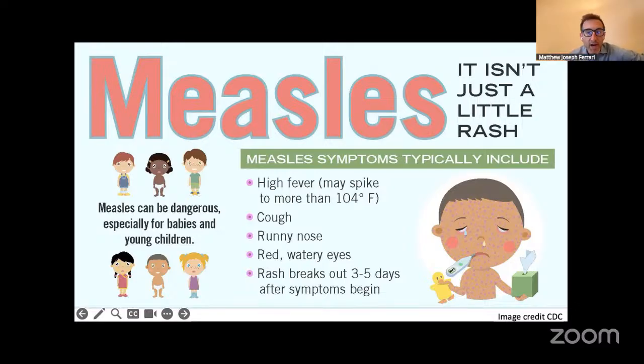Right? So this is an enormously transmissible virus. It can lead to quite severe outcomes in young children, secondary infections, disruption of immune response that allows opportunistic infections. And in under-resourced areas where those infections can't be well managed, it can result in mortality of 1 to 5% of children who become infected. And so, despite enormous efforts to vaccinate children around the world, and in fact, enormous success in reducing the number of childhood deaths annually, measles still results in 130,000 deaths, give or take, in children under 5 every year.